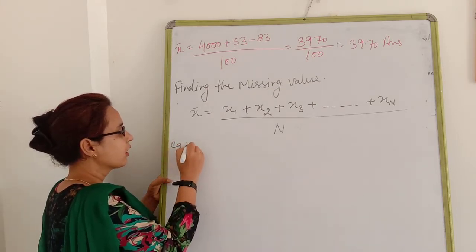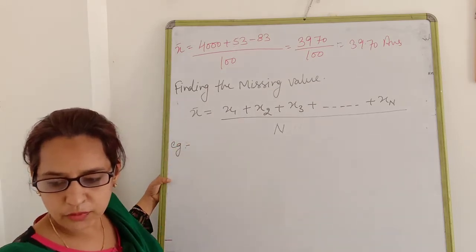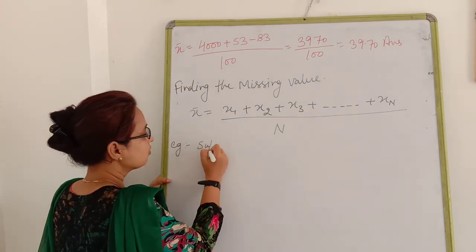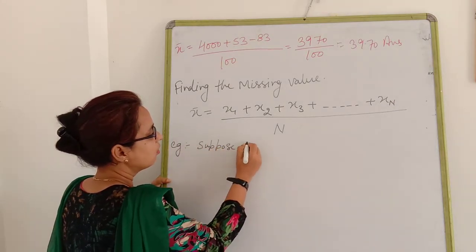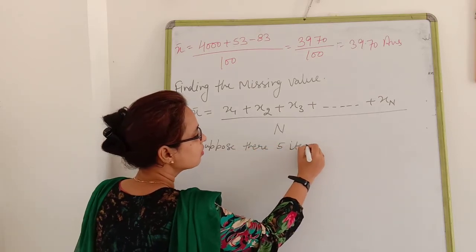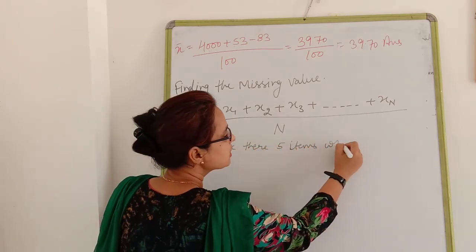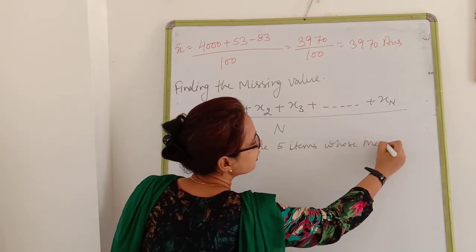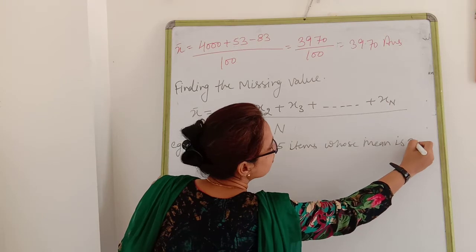Suppose there are 5 items whose mean is 30.